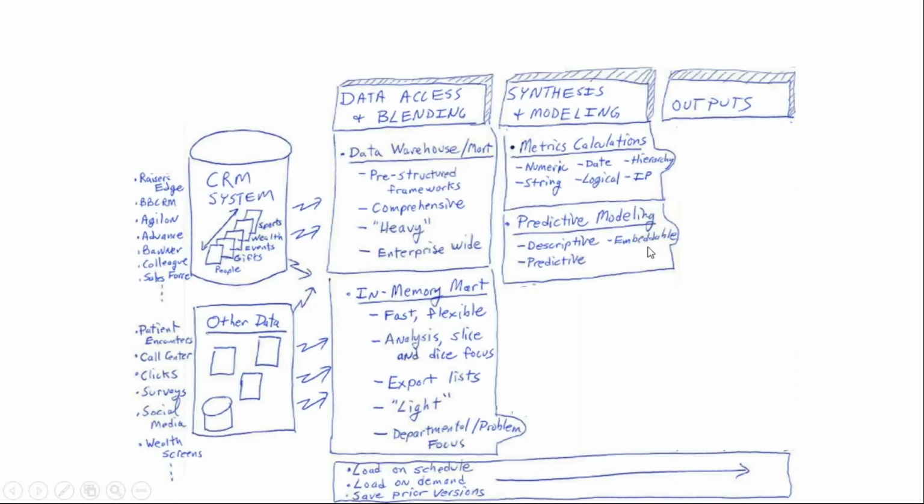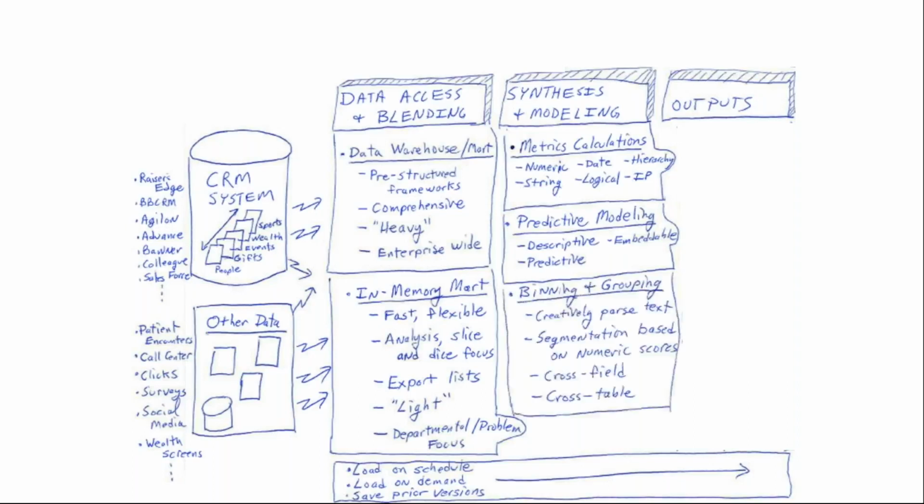And then embeddable means the modeling is, some models are standalone, you run them, and you get an output. Others, like ours, embed in the discovery system, so every day they re-execute and rescore everybody, so you're getting constantly updating scores on attachment or propensity to give or projected dollar amounts or potential yield of an appeal or whatever the model would be for.